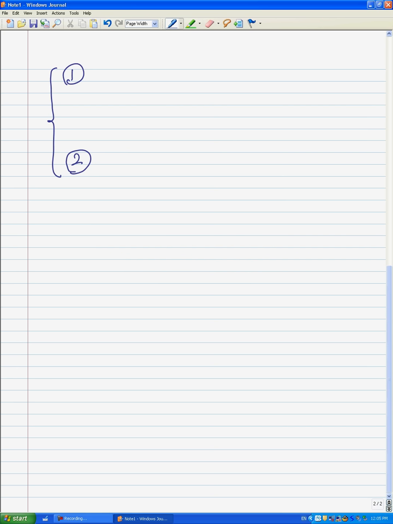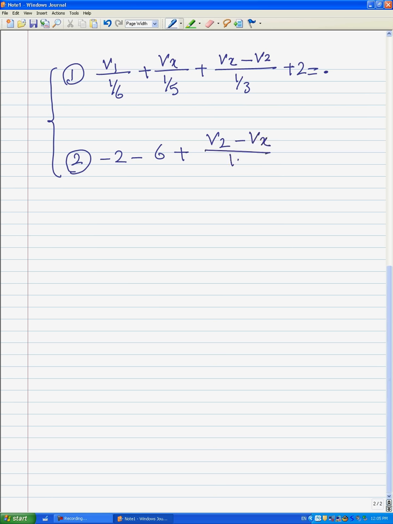For equation 1, we have V1 over 1 over 6 plus Vx over 1 over 5 plus Vx minus V2 over 1 over 3 plus 2 is equal to 0. For equation 2, we have minus 2 minus 6 plus V2 minus Vx over 1 over 3 is equal to 0.